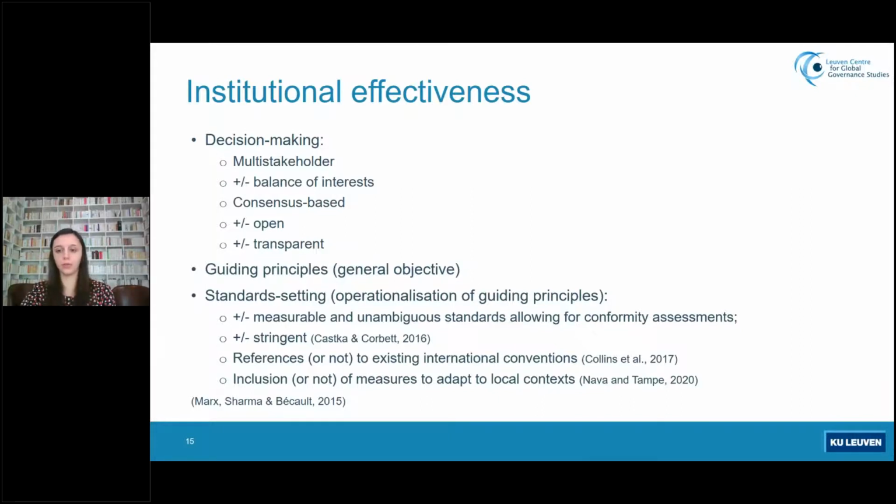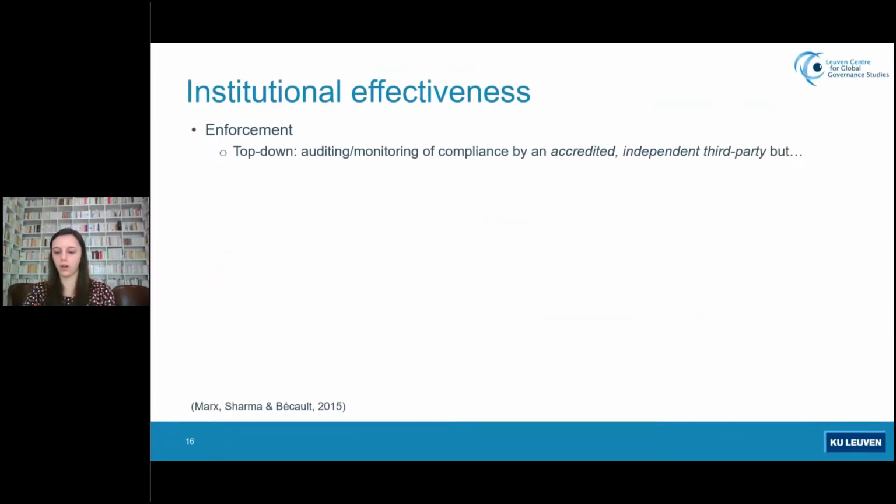So they really put forward that the VSS that define standards that can be adapted to those different contexts will be more effective. But of course, this is again not the case for all VSS.